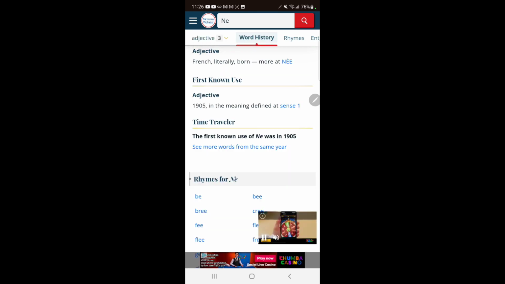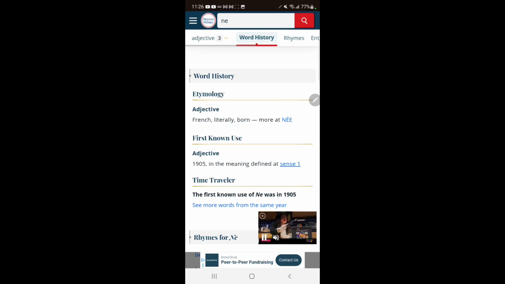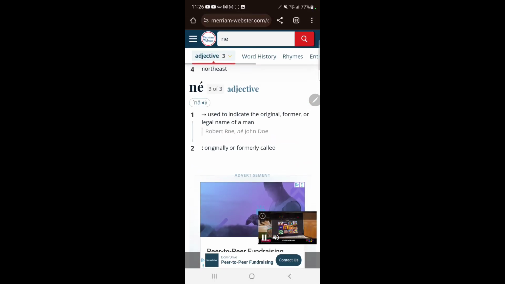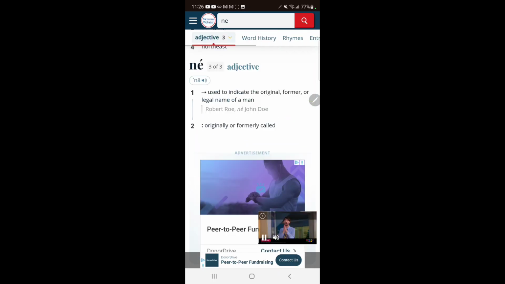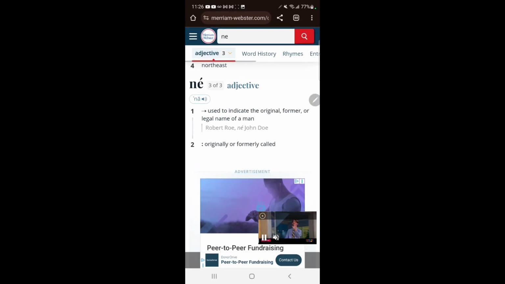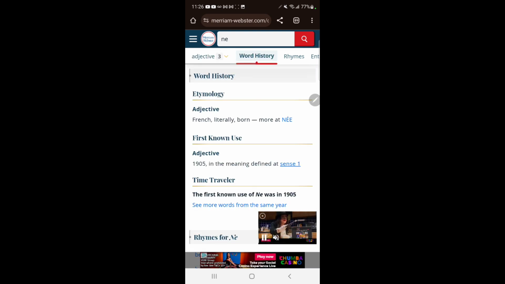In 1905, this was one of the first known uses of an E, in sense 1, which is used to indicate the original former or legal name of a man, right? Or French, literally born.